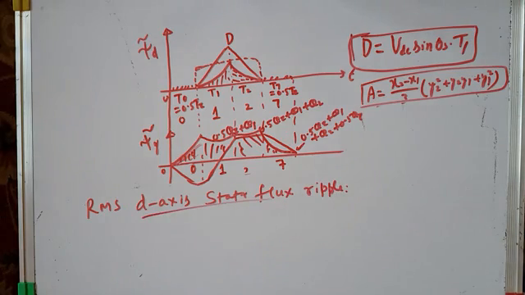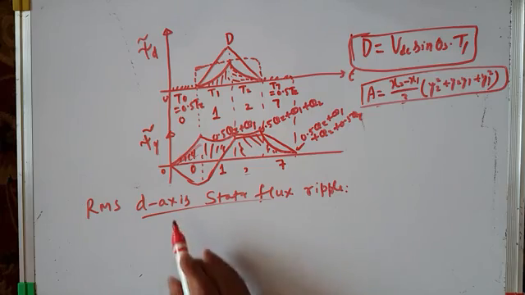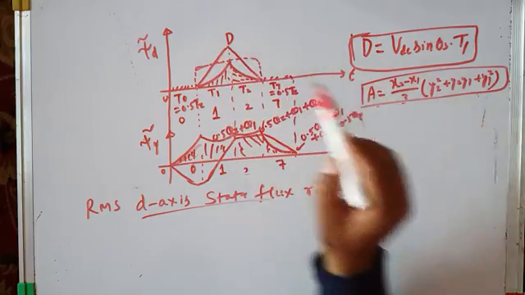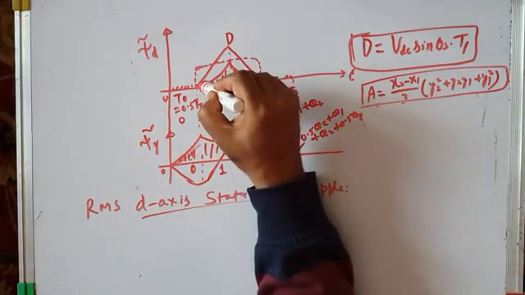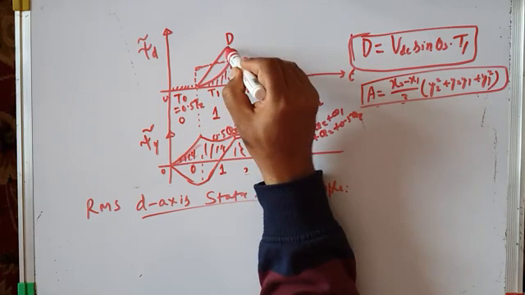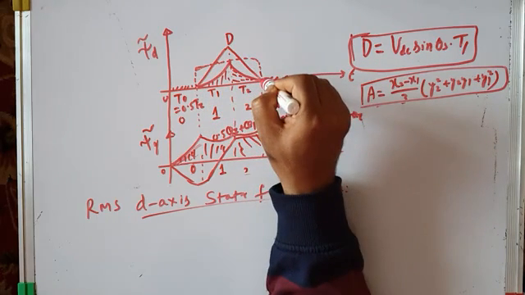My d-axis stator flux ripple is given by this. If you have to find its RMS value, how can we find it? First of all, you have to square this line. RMS means root mean square, so the first step is to square. When I square this, I get a parabola. When I square this line, I get another parabola.